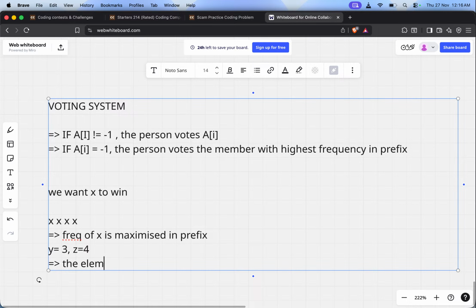The element with frequency greater than or equal to the frequency of X should appear as far as possible.